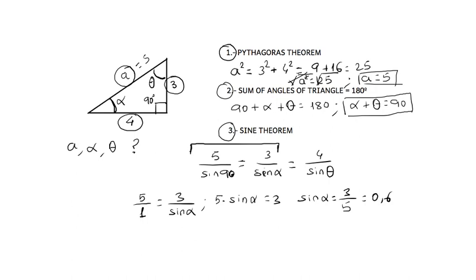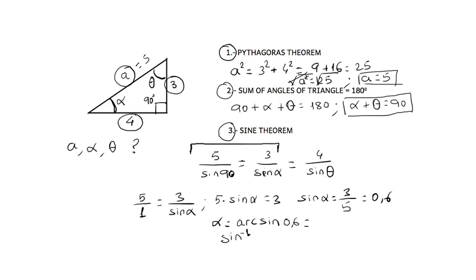So how much is alpha then? Alpha is an angle whose sine is 0.6. What angle is this one? We need to find on the calculator the function arcsine, or inverse sine in some calculators, of 0.6. We need to know what angle has a sine equal to 0.6.